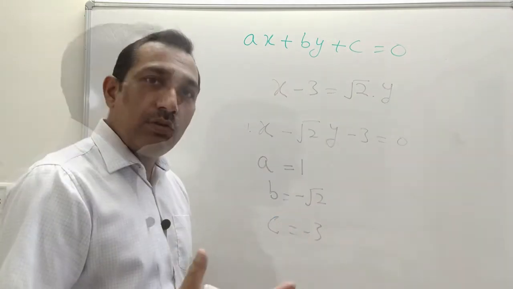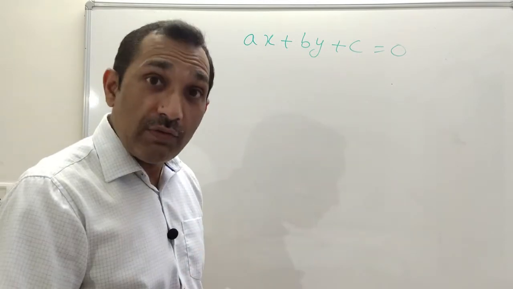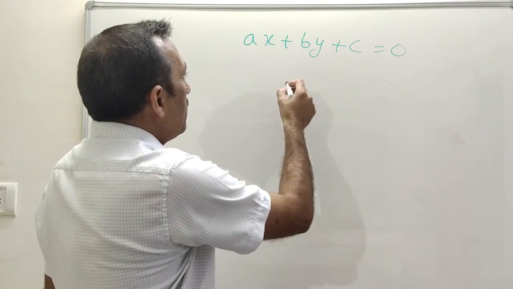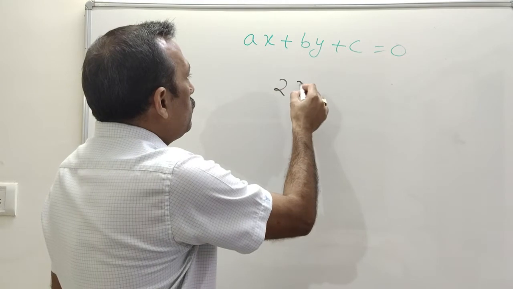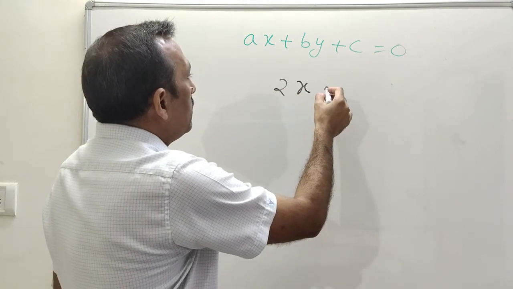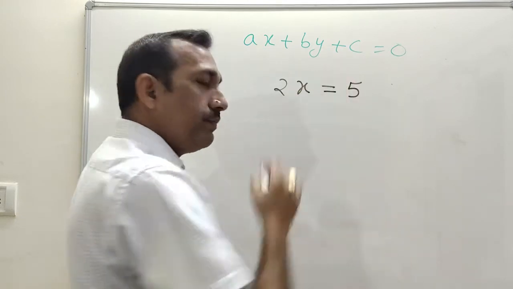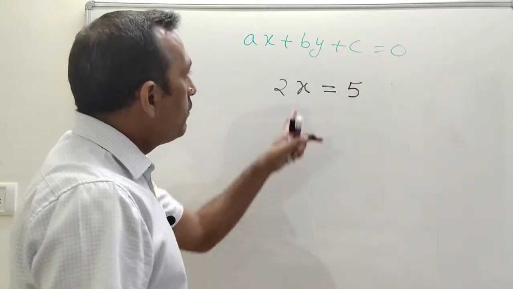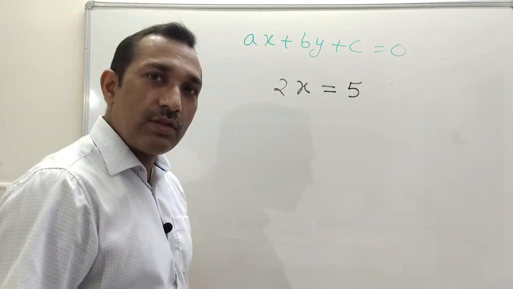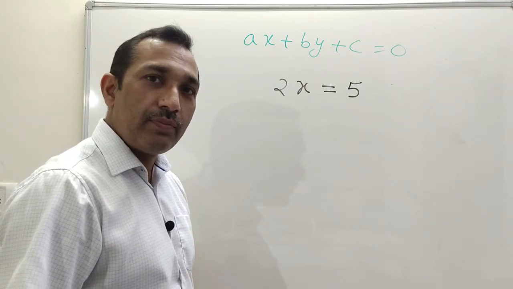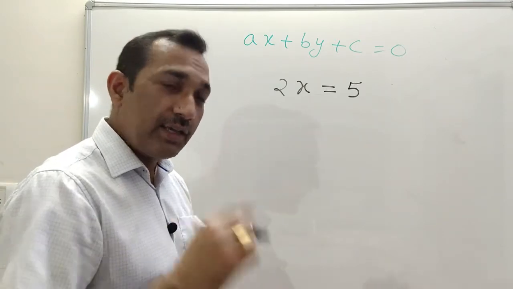Right? Now let us look into one more equation, say 2x equal to 5. Now can I write this in this form? Yes, I can write that.